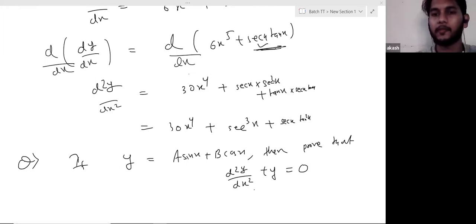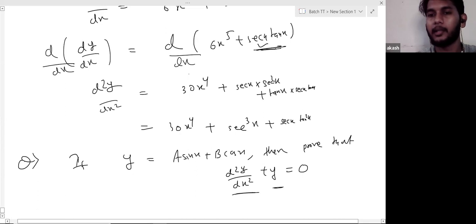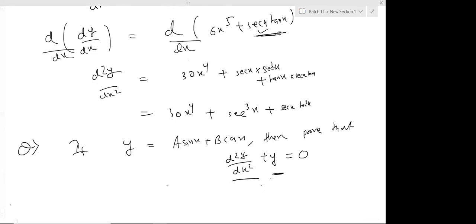Just find this value, add y, and you'll automatically get LHS equals RHS. Start with LHS, find d square y upon dx square, add y with that, and you'll automatically get 0. All right, everyone? Yes, sir.